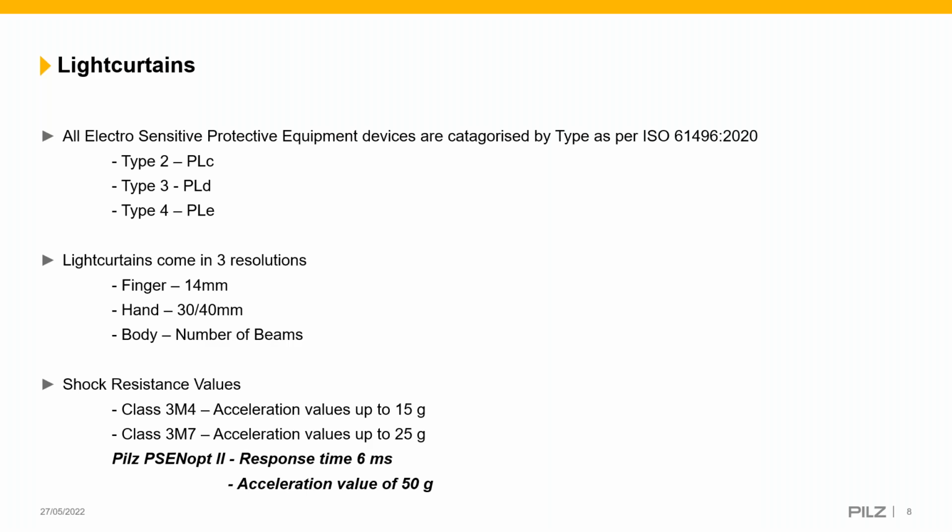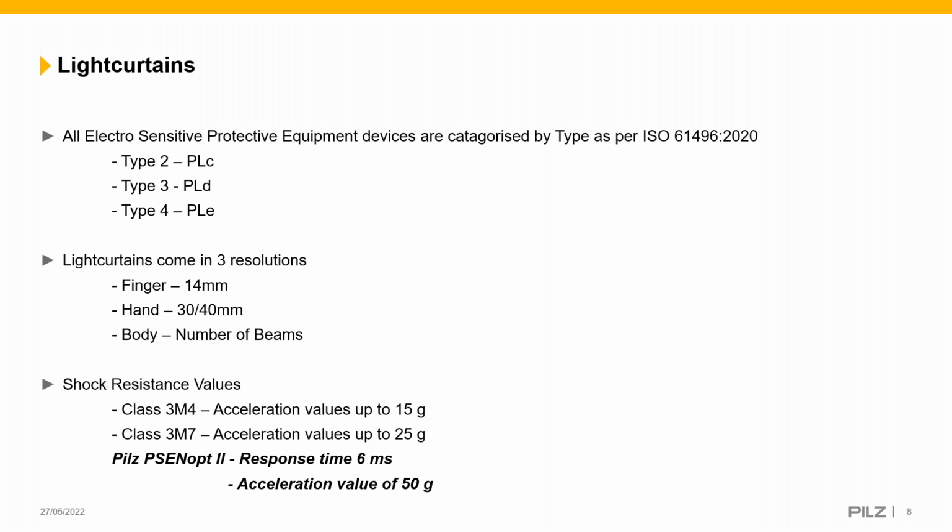So now you've got to look for type 3, type 4 devices to achieve the requirements for these types of machines. So type 2 devices, we say PLC, type 3 devices if you need PLD, and type 4 devices for PLE. The majority of light curtains will only come in the versions of type 2 or type 4.